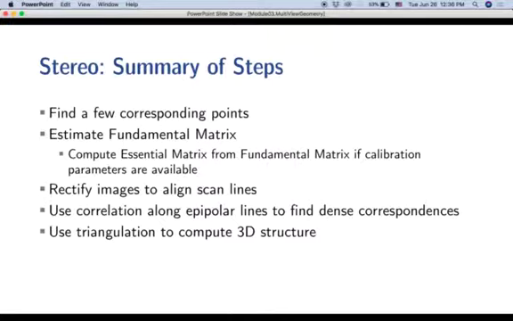The rectification aligns those lines so that my matching can be along scan lines. First I found a few correspondences, but once I've aligned the lines, I can find a lot of correspondences. And every correspondence I find now can be converted through triangulation, through camera parameters, into a depth value. Really, disparity is inversely proportional to depth. So I just find disparity for every point then.